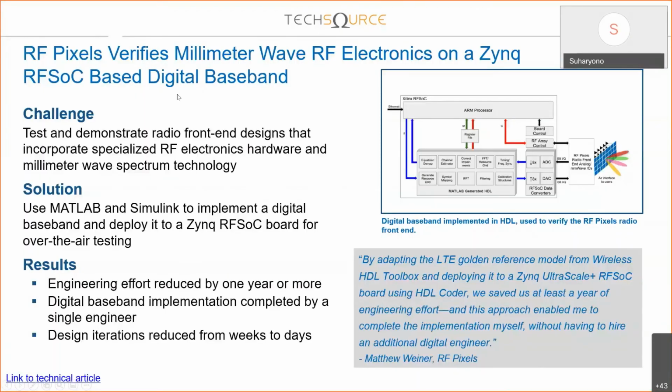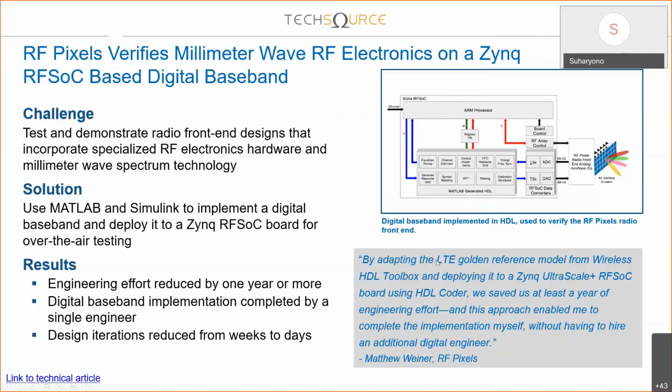So before I show you other slides of reference designs for various SDR platforms, this is just one user story from another customer. RF Pixel basically adopted the same workflow that I showed you just now.